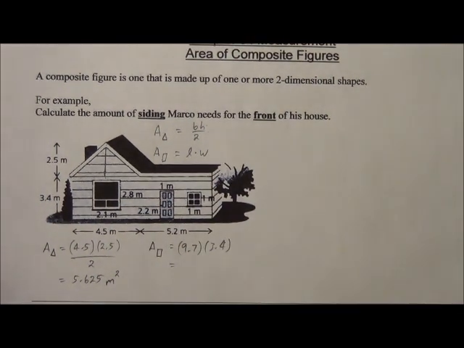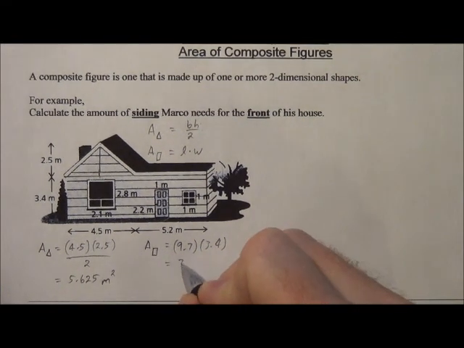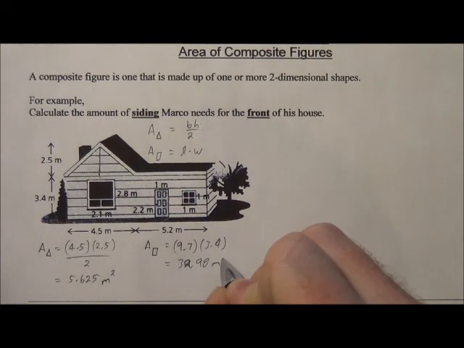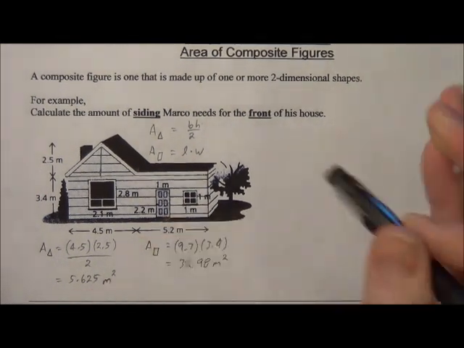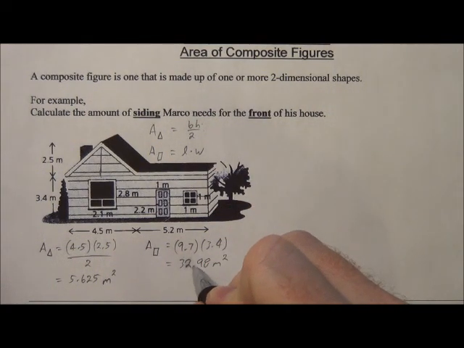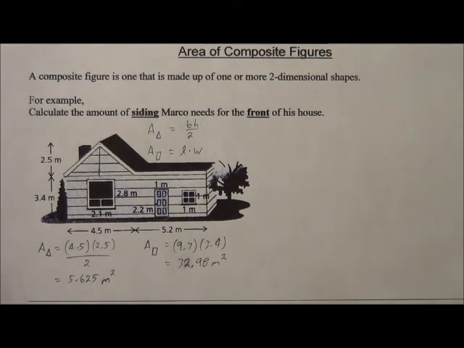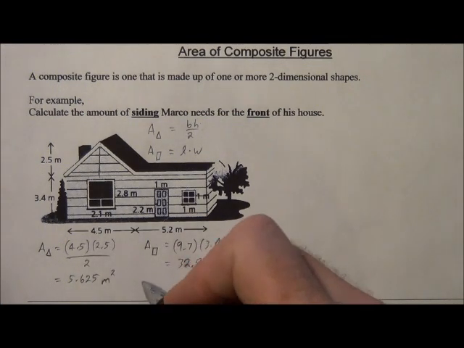We multiply those two together, and we get 32.98 meters squared. Please remember the units, because it's very important that we use the correct units. Okay, so that's going to be the total for the front of the house.